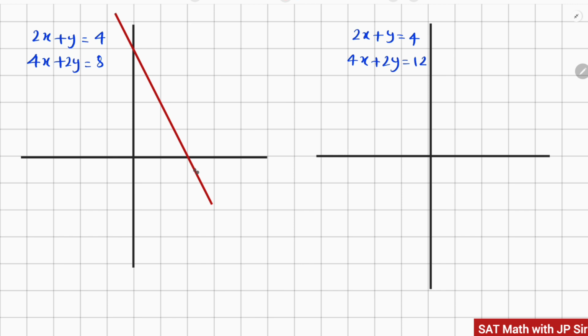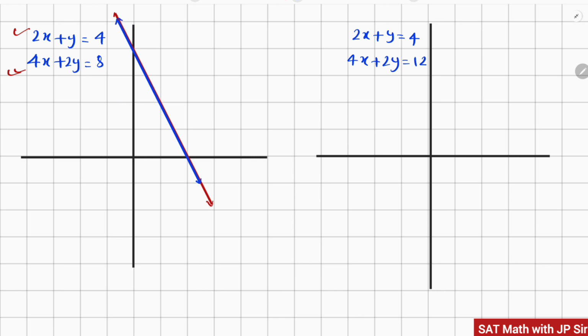But if you draw the second equation, you will again get the same. So we can say that these equations are overlapping each other, one over another.